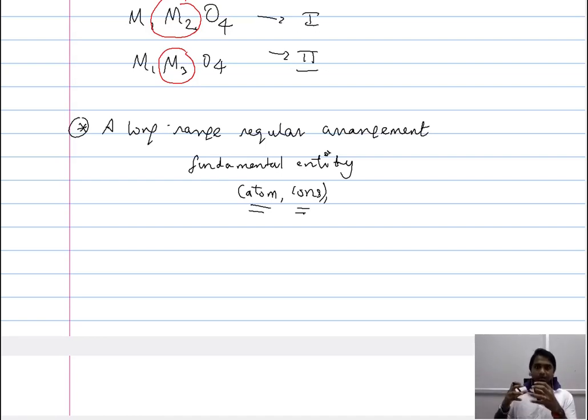I believe many of you may be encountering the arrangement of atoms for the first time, and therefore I would like to spend some time unpacking what it means to be a long range regular arrangement of fundamental entities.